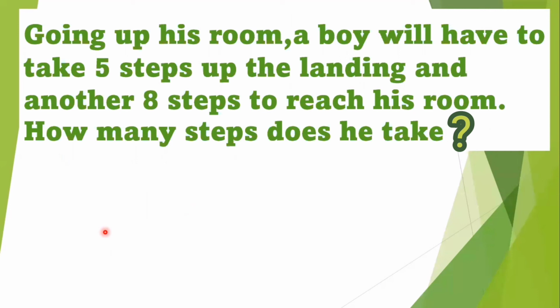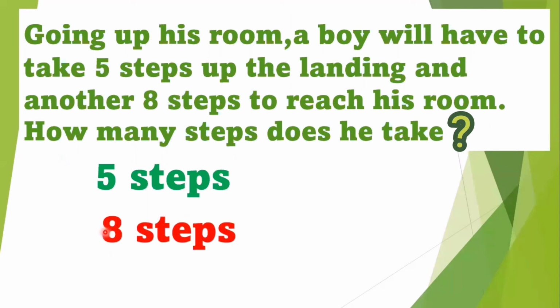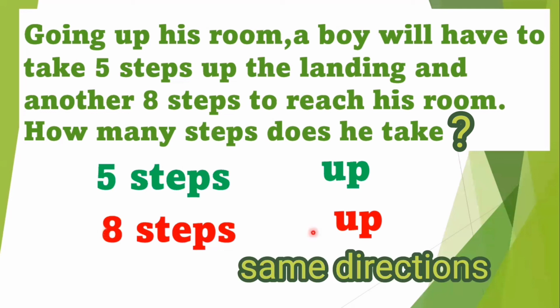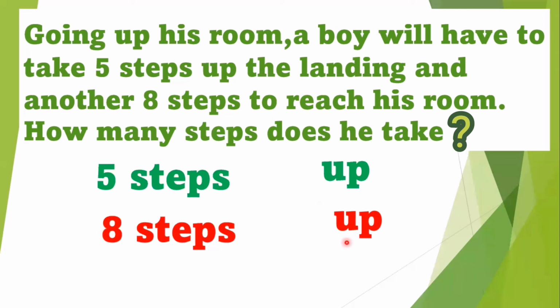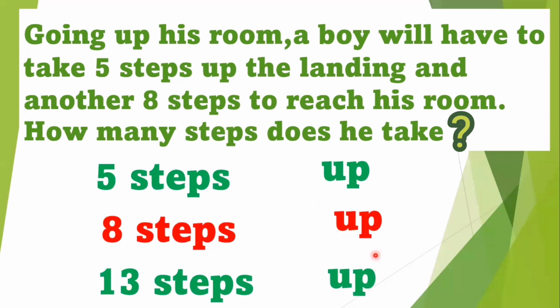Ang mga steps ba na ginawa ng boy, is it representing same signs or different signs? Let us find out. 5 steps up and 8 steps up. So mean to say, lahat sila on the same direction, then this makes us adding integers with the same signs. And that is equal to 13 steps up.